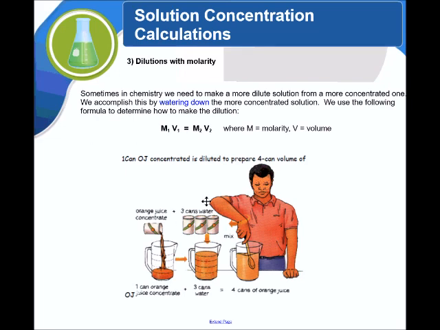And as an example down here, if you've ever made orange juice from orange juice concentrate, that's what we do. We take 1 can of orange juice concentrate and we add 3 cans of water to dilute it to an acceptable ratio to drink. You can't just drink the orange juice concentrate. It's not good. But if you add water to water it down, it comes out just right.